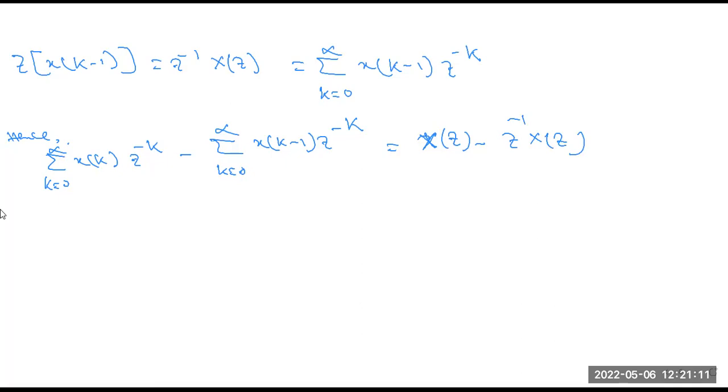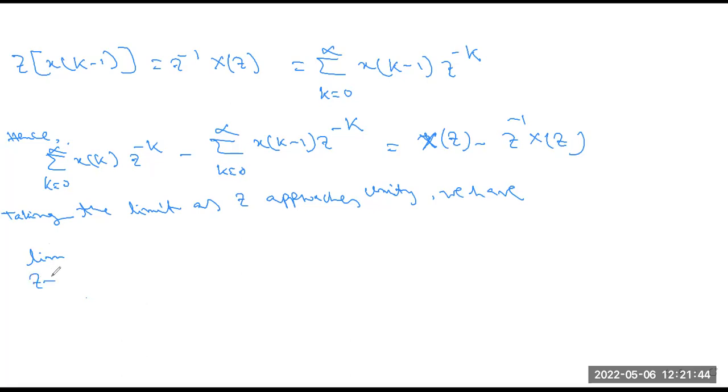Okay. Now taking the limit on both sides, taking the limit as z approaches unity, we have limit z tends to 1 of summation k is equal to 0 to infinity x of k z inverse k.